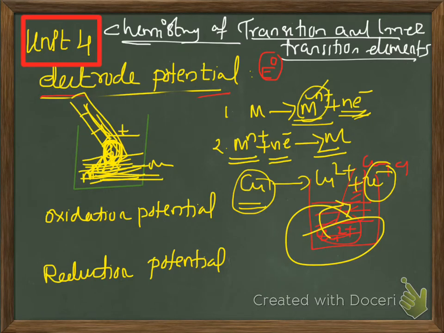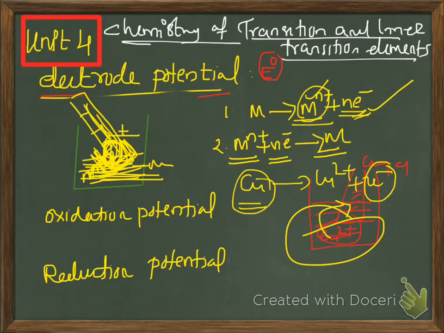Under this condition also, we can expect a potential at the interface, which is known as electrode potential. So, two kinds of reactions can happen. Sometimes metal atoms tend to lose electrons through oxidation. Such a potential is called oxidation potential.